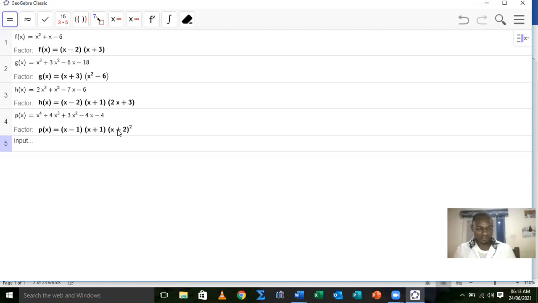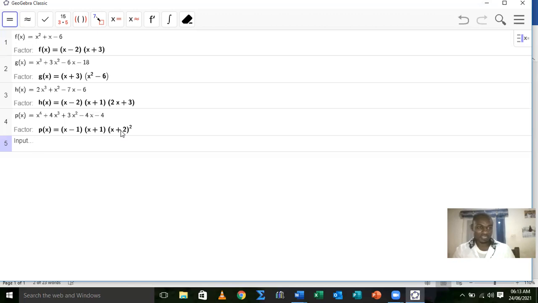This double factor, what does it imply? It implies that at the root x equal -2 for this quartic polynomial, the graph of the function p of x will have a turning point at x equal -2.